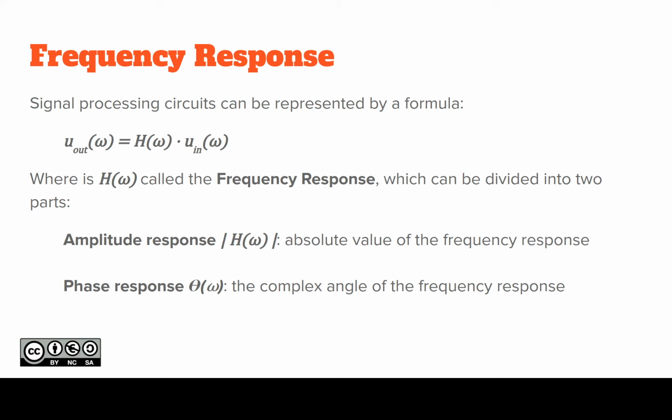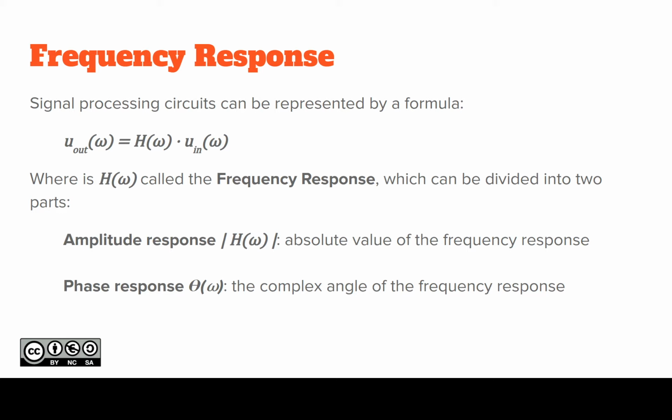So output as a function of omega, or actually it could be output as a function of time. Okay, sorry, this could be actually of time. But anyways, its alternating signal output is the same as the frequency response times the input signal.